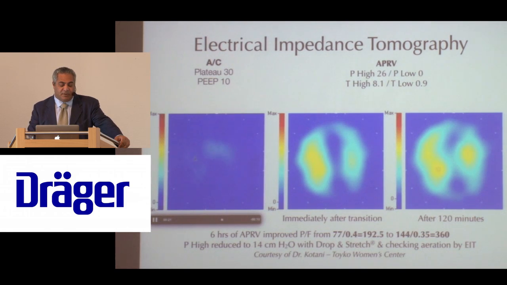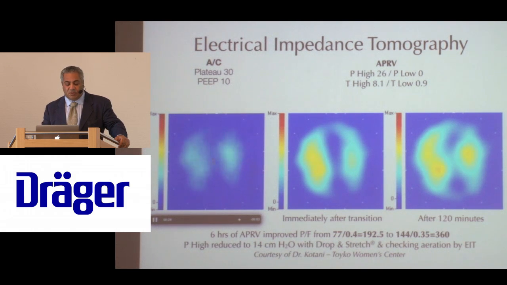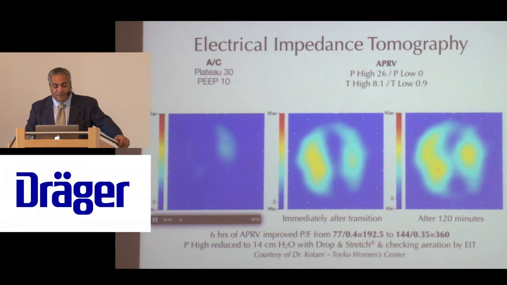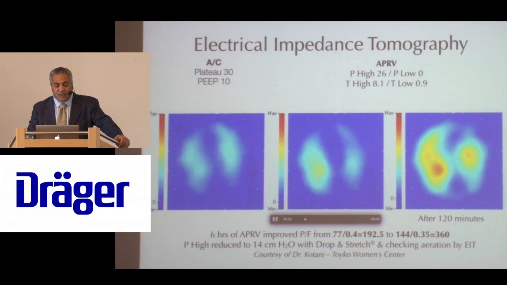So you can see, let's just say the maximal point of air is relatively in the upper part of the thorax. See, this is where the heart would be. But after transitioning to APRV, you can see that the distribution is changing a little bit.